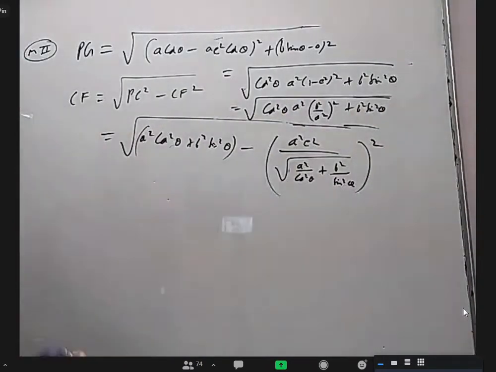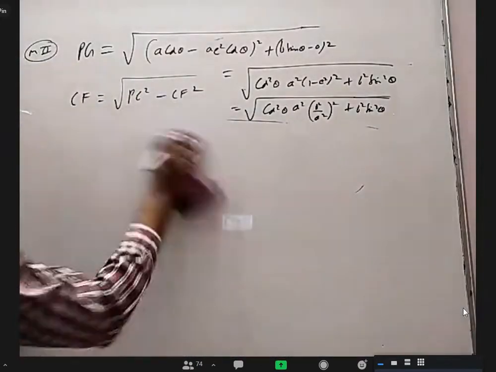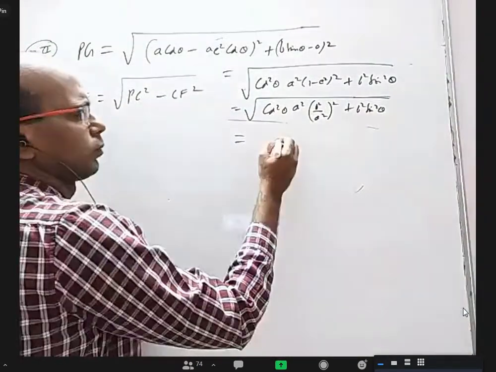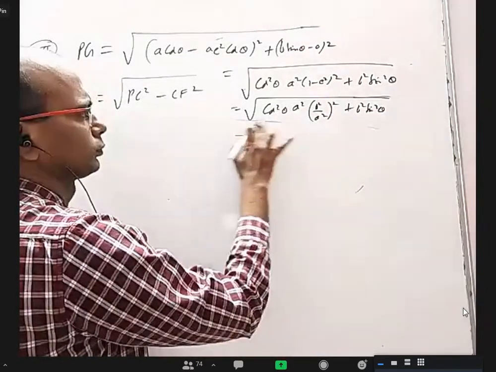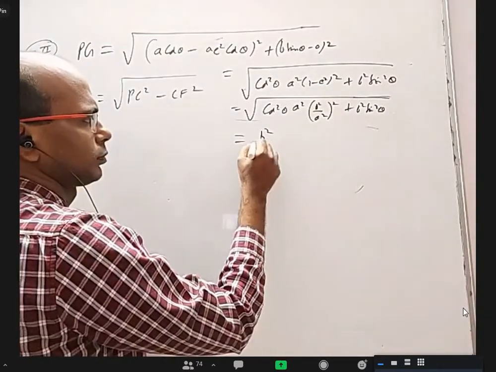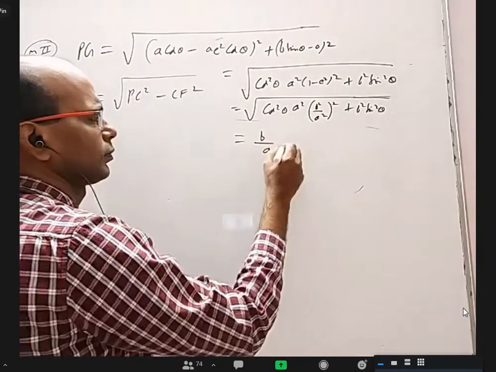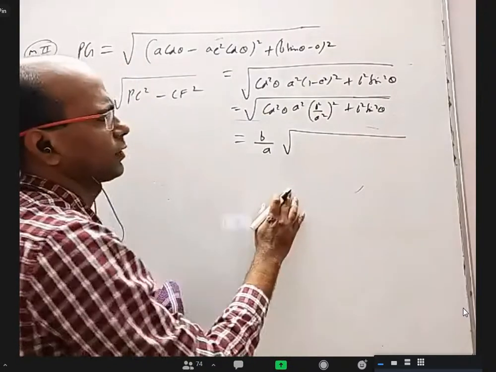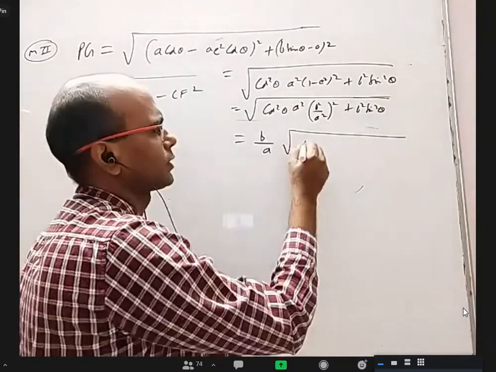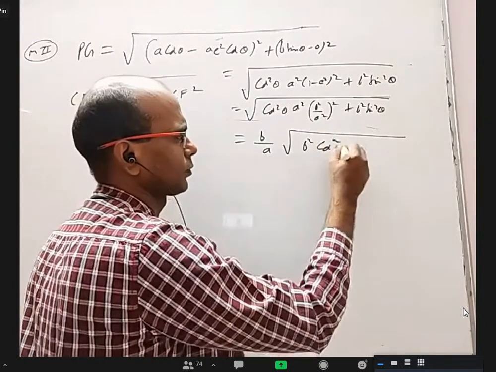I'll get what I need. That's good. So I can take B square common, that is B common and A common. Here I will be left with B square cos square theta and A square sin square theta.